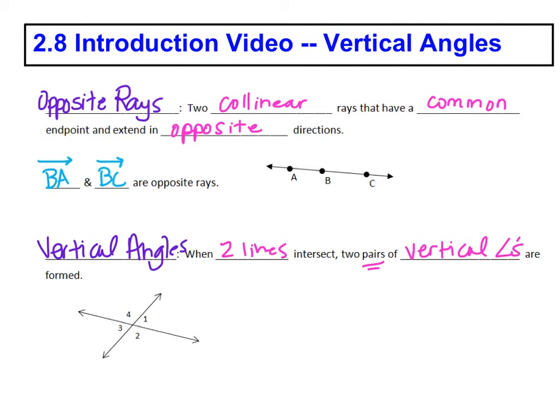So what that looks like in a figure is we've got two intersecting lines right here, and angle 1 and angle 3 are vertical angles. Angle 2 and angle 4 are vertical angles. They're angles that are basically across from each other when you have lines that intersect. We call those vertical angles.